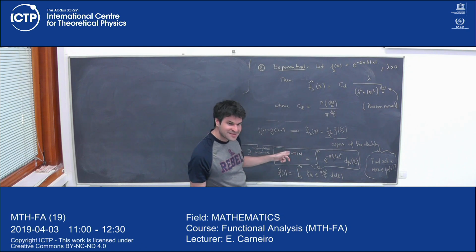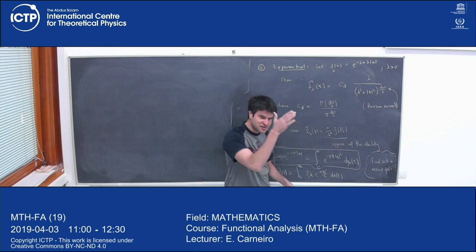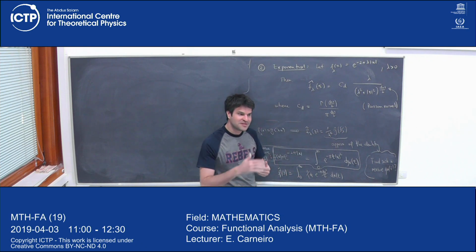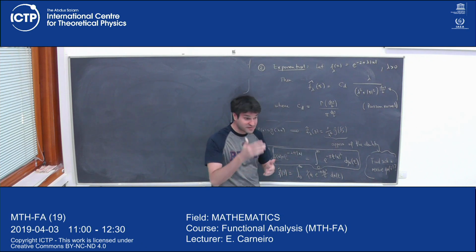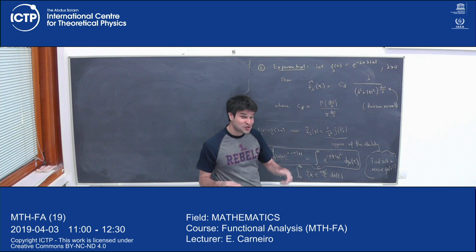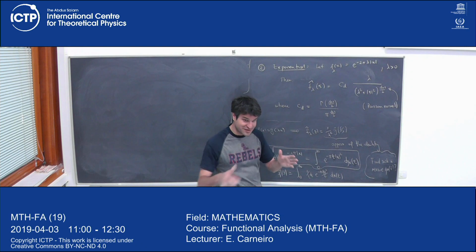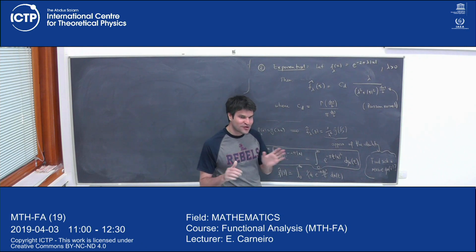So the function itself is positive, the derivative is negative, the second derivative is positive, the third derivative is negative, and so on. Whenever you find a function where the kth derivative has sign minus 1 to the k over the real numbers, this function is called completely monotonic.